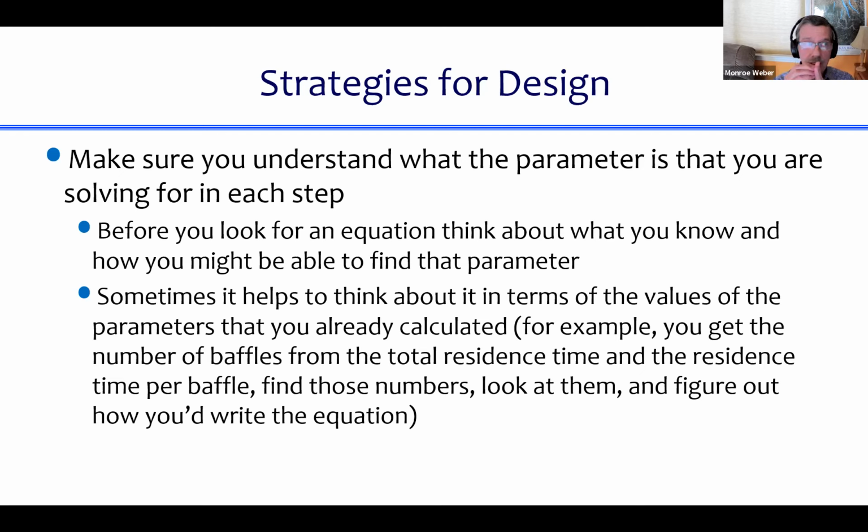Or would jotting something down in paper and pencil actually help give you clarity, and then you could do it more easily in FeatureScript? But in any case, if you have a clear idea of what the thing is that you're trying to solve for, that will help you get to the next step. And it's more important to have the clear idea of what you're trying to solve for than it is to know which equation to use. The first step is being clear about what it is you're trying to solve for.